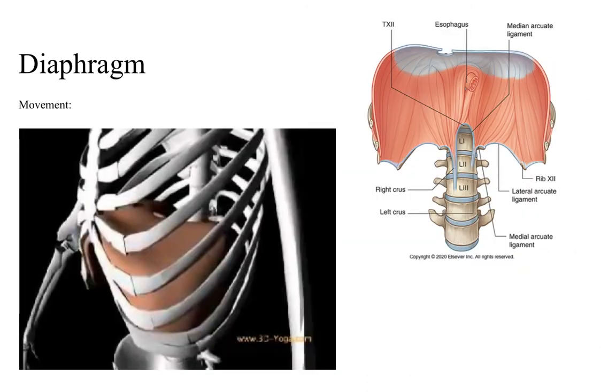So finally, this slide shows the diaphragm. Of course, you have your inferior vena cava hiatus, which passes through the central tendon. You have the hiatus for your esophagus, which is just posterior to the central tendon and to the left, middle left of the vertebrae.